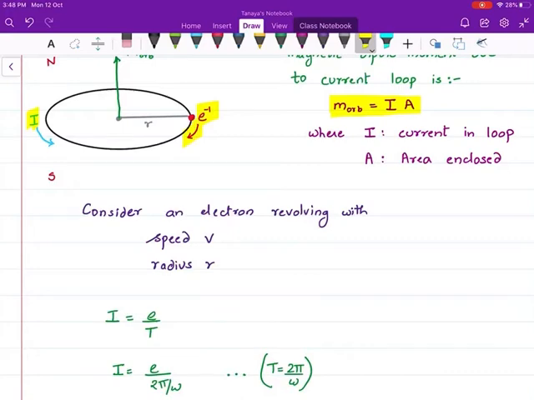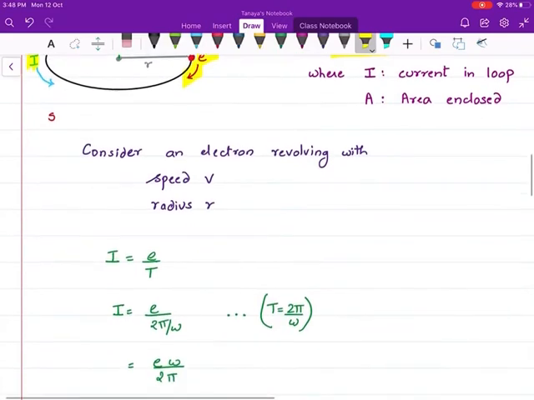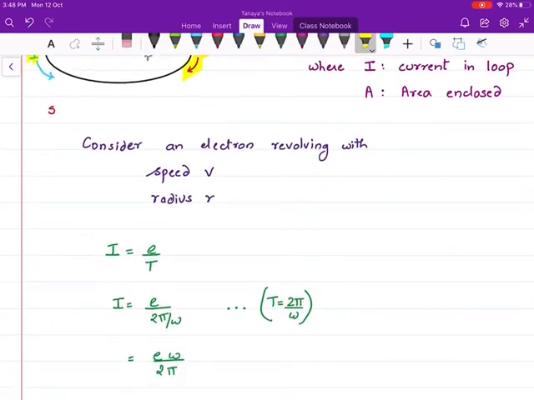So charge on 1 electron, that is 1.6 into 10 to the power of minus 19 coulomb, that is our e. So I get I is equal to e upon capital T. What is this capital T? Capital T is the time period, that is the time taken by the electron to complete one revolution or to go around the orbit once.